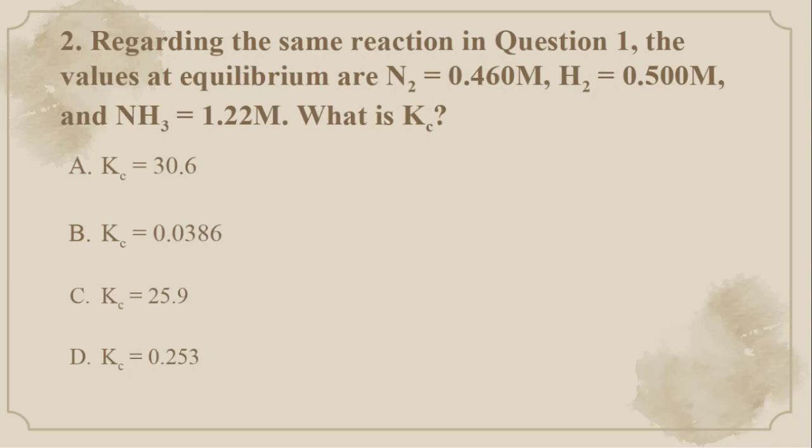Regarding the same reaction in question 1, the values at equilibrium are the following. What is Kc? Does anyone remember the expression from the other page? I believe it's something like Kc equal to NH3 squared, right?